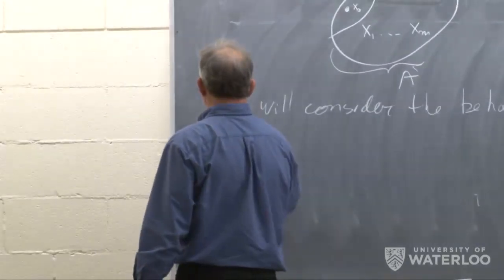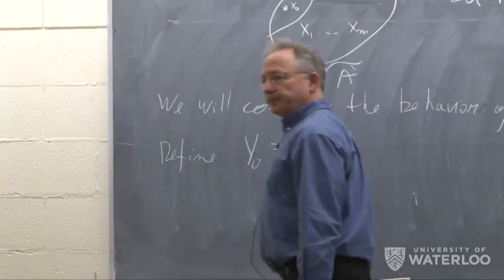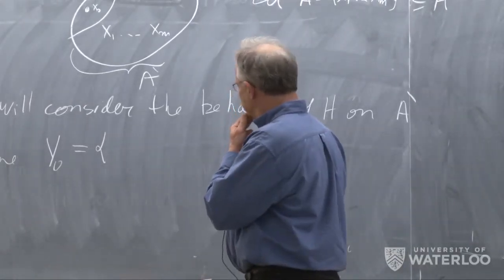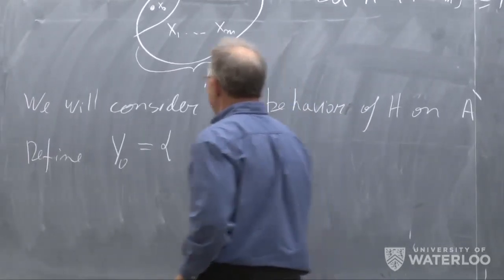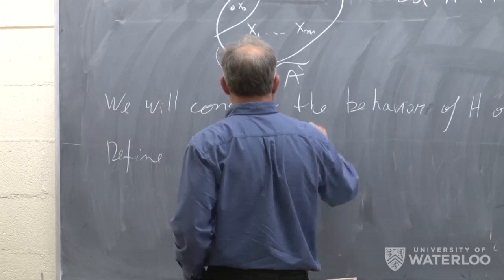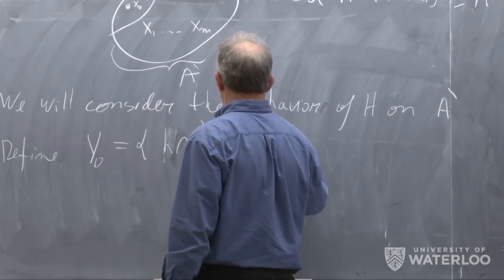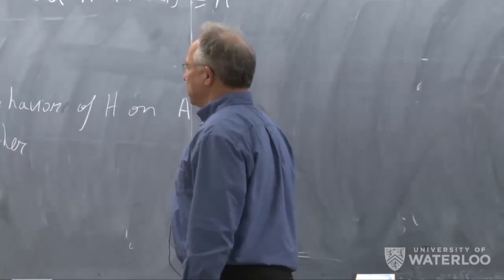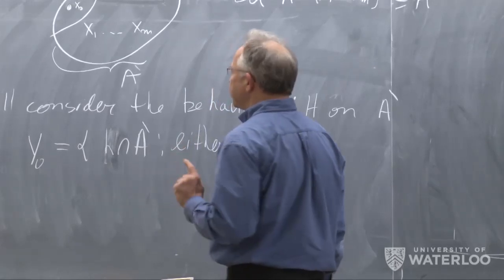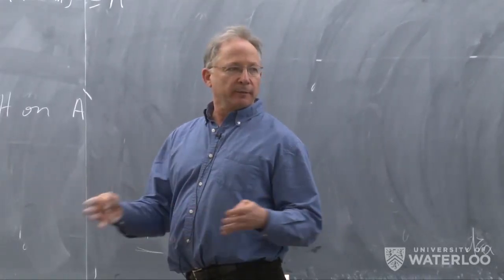Let's define Y0 to be the set of all H intersection A prime such that either... I'm just debating between what will be clearer, to do it in terms of functions of 0, 1 vectors or in terms of subsets.